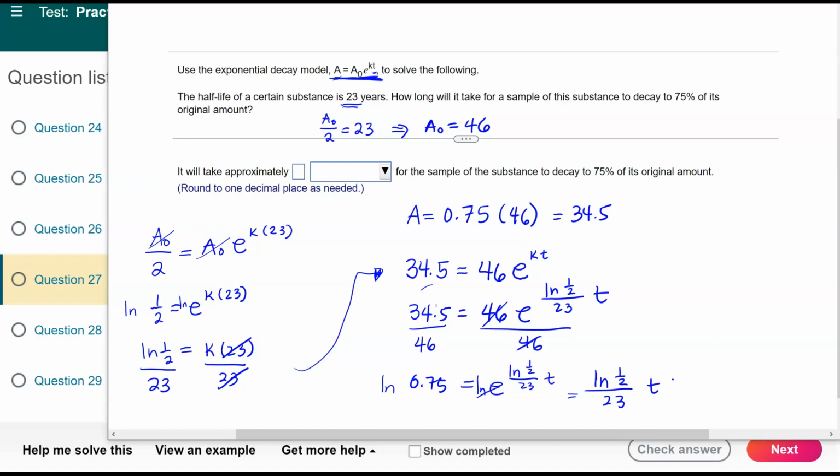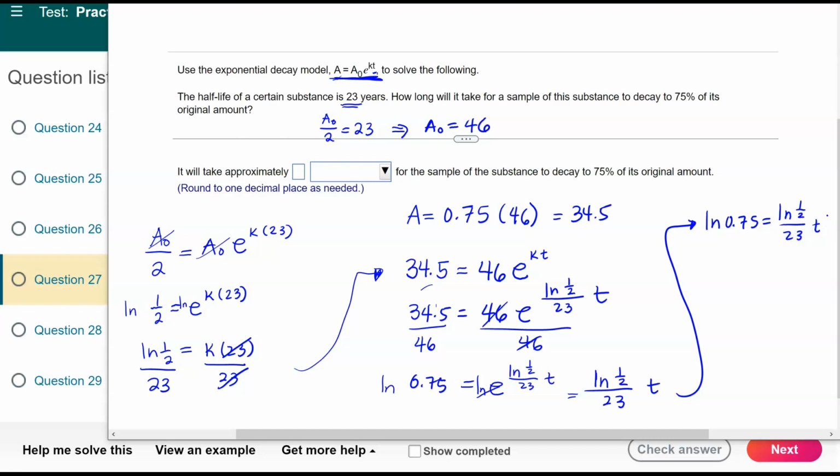Now, to simplify this, this one here is just ln of 0.75. I'll copy that. This side here, I'll copy that as well: ln of 1/2 over 23 times t.